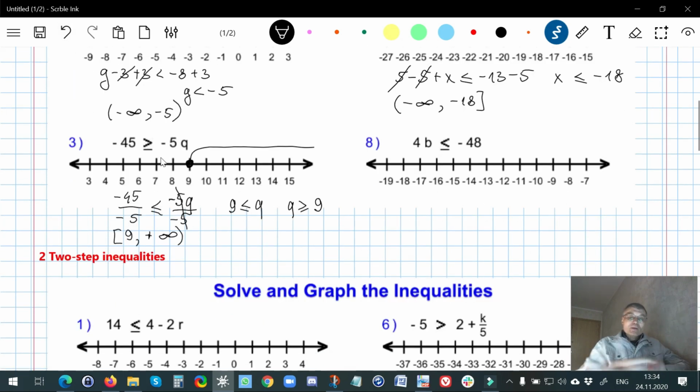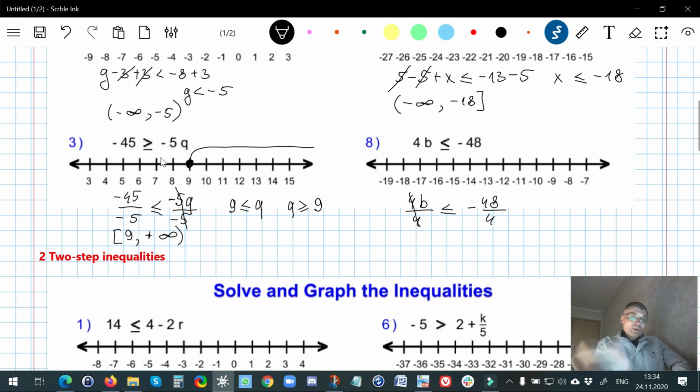And the last one is worth mentioning because here we have division again, but unlike number 3, in which we divided by a negative number, here we divide by a positive number, and there is no difference with equations, absolutely the same, we don't change the sign. So b over 4, to isolate b, is less than or equal to negative 48 over 4.